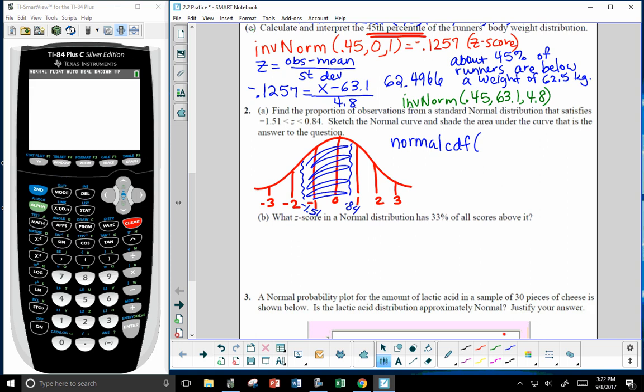And then part B, what z-score in a normal distribution has 33% of all scores above it? If 33% of the scores are above it, then that means that 67% of the scores are below it, since we have 33% above, and it has to add to 100%. And so they want the z-score, so we're going to do inverse norm of 0.67, because when we do inverse norm, it's always talking about the area below the curve.